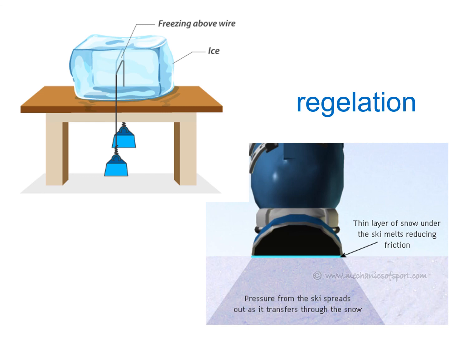A more practical consequence of regelation is when you're skiing: the pressure, because of the weight of your body applied just underneath the skis, causes the snow to melt, thus creating a liquid layer that helps the gliding of the skis. So this is all, and see you at the next presentation.